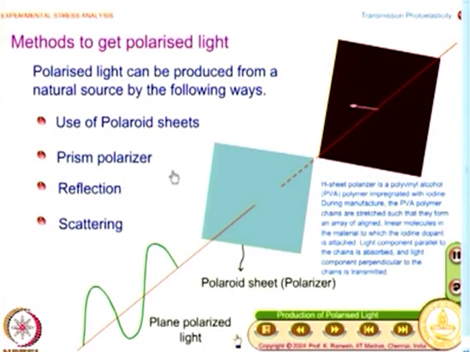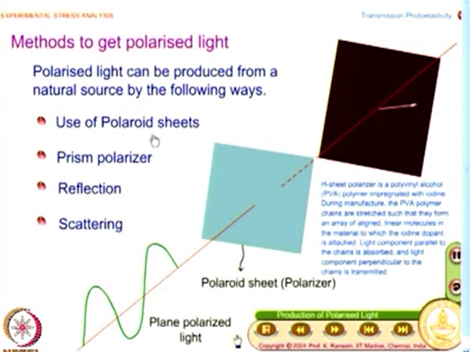And we have also seen polarization can be affected by Polaroid sheets, prism polarizers, reflection or scattering. And we said that with a prism polarizer, the polarization quality is very high, but the field of view is very small. On the other hand, with Polaroid sheets, you almost get 99.9% polarization.